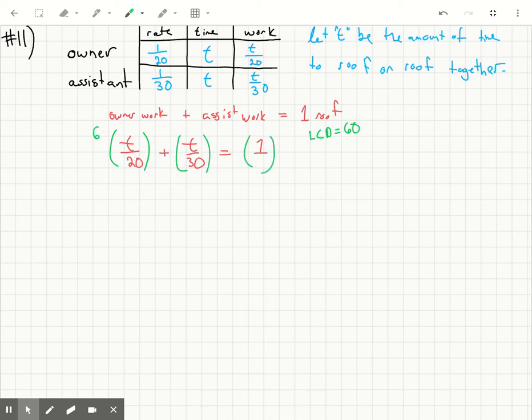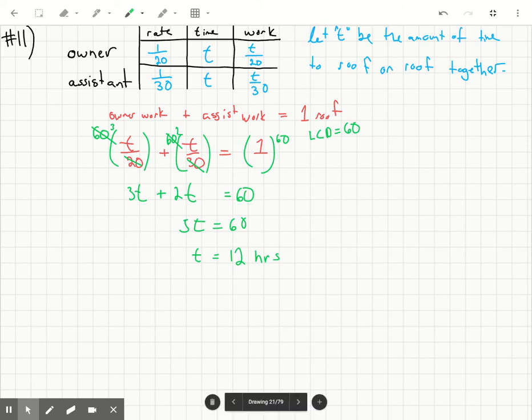So multiply by 60 here, and that cancels out to 3. Multiply by 60 here, that cancels out to 2. And then we multiply by 60 here. So we're going to get 60. And here we're going to have 3t plus 2t. I'll simplify that to 5t equals 60. So t equals 12, and the units are hours.